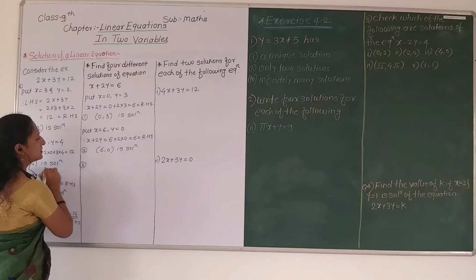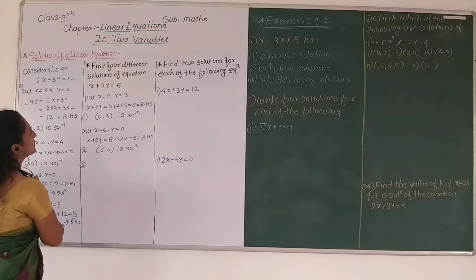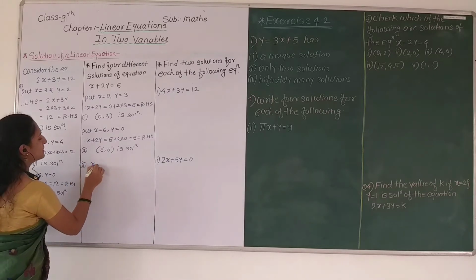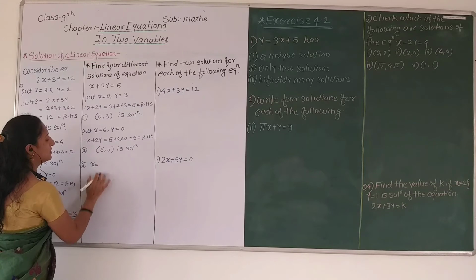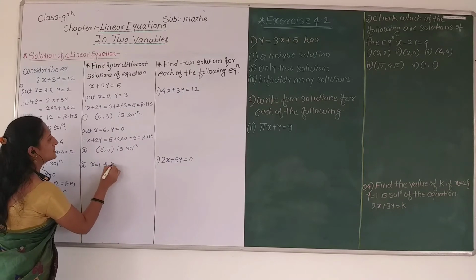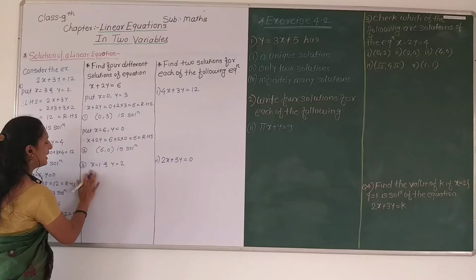Suppose the third one. For the third one, if I substitute x is equal to 1 and y is equal to 2, let us check. X plus 2y.